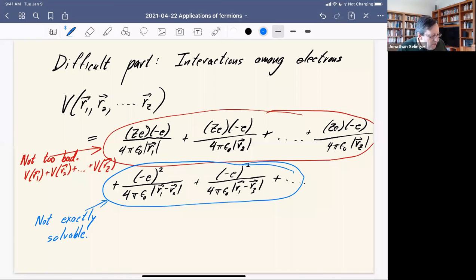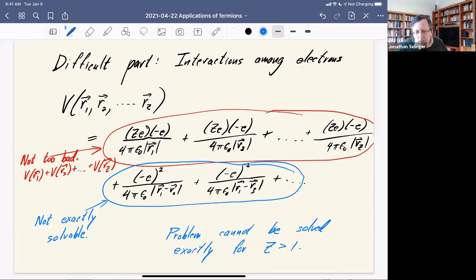Okay, so in this situation, the problem cannot be solved exactly for more than one electron, for Z greater than 1. It can be solved exactly for hydrogen, but not for any of the other atoms with more than one electron.